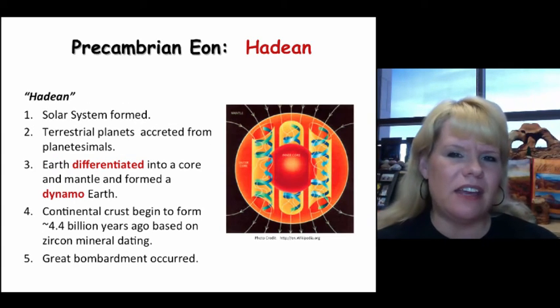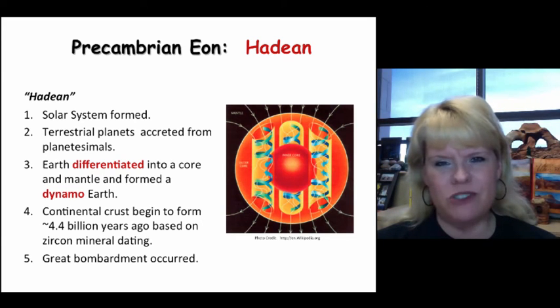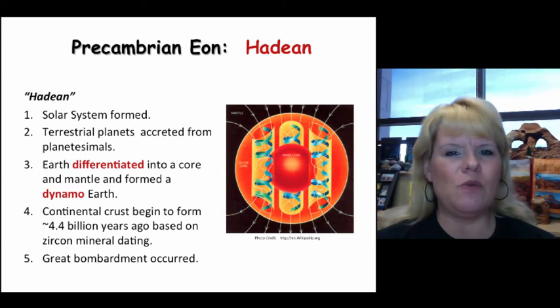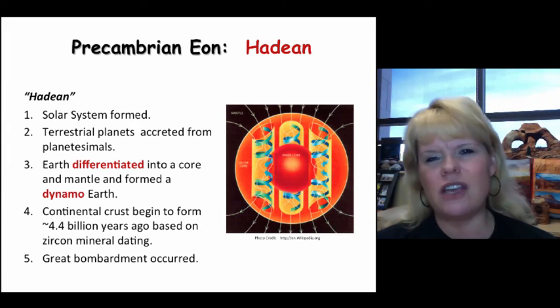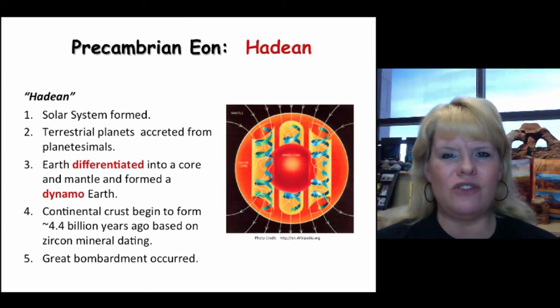So in the Hadean, a couple of major things occur. The solar system forms. I think that's pretty newsworthy. And when we're talking about each geologic segment of time, a couple of things I want you to think about for test. Is it newsworthy enough to tell the front page story of what happened during that time? If so, it's probably a good test-related question. Did an orogeny first start a mountain building event?